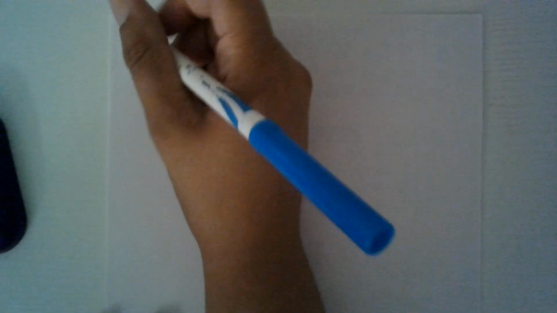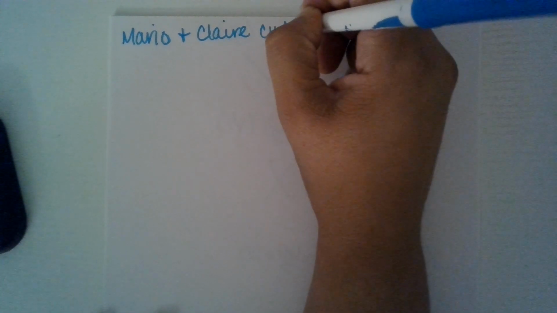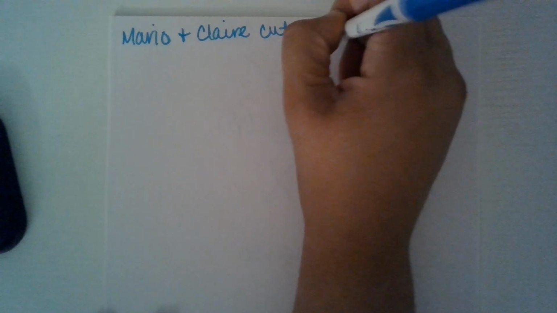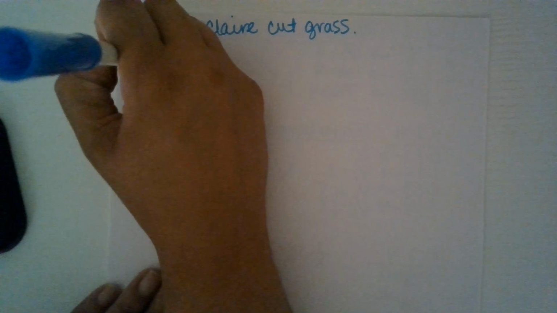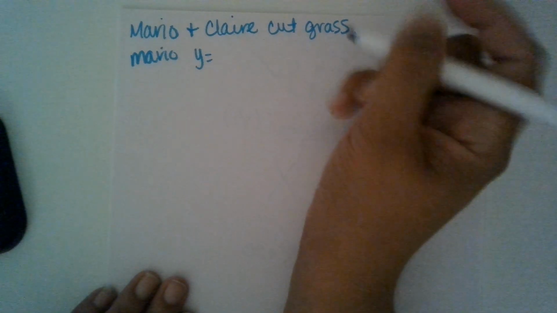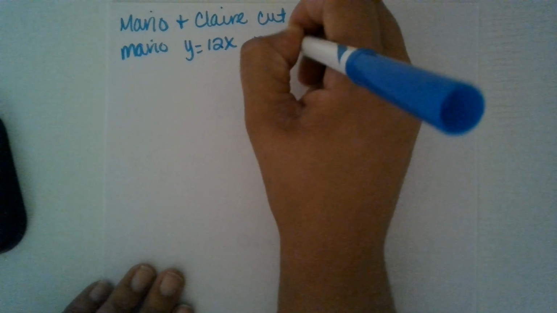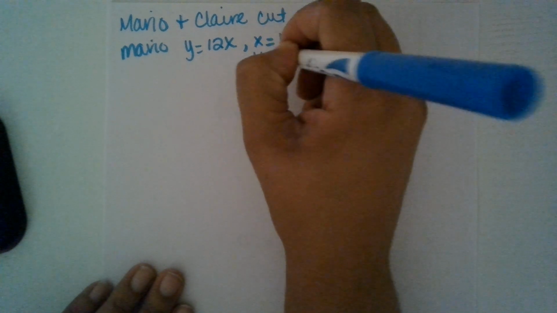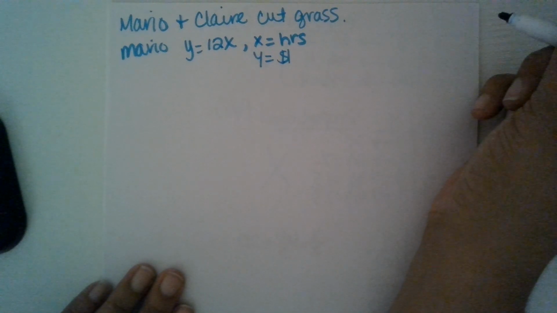You need to find your unit rates. For instance, let's say Mario and Claire decide they're going to cut lawns, right? They're going to cut the yard, cut grass. Mario is getting paid by Y equals 12X, where X represents the hours and Y represents his cost.